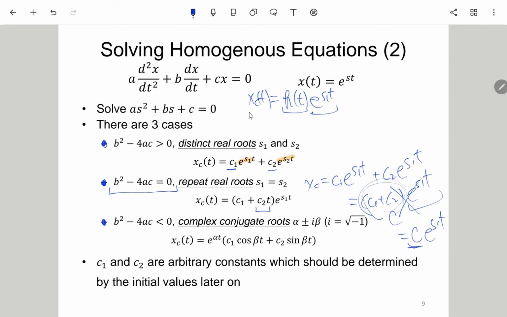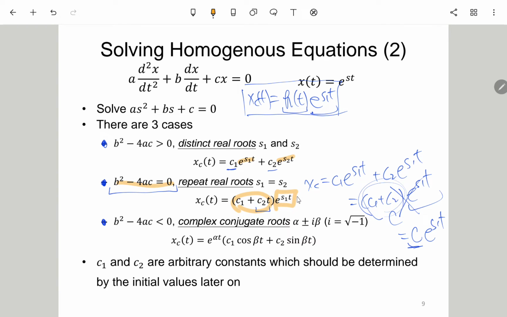If you have interest, you can try to do this by yourself. Otherwise, you can simply remember that if we have a repeated real root for the auxiliary equation or the characteristic equation, then the solution will be this function multiplied by a first order polynomial. Okay, so this is the second case.